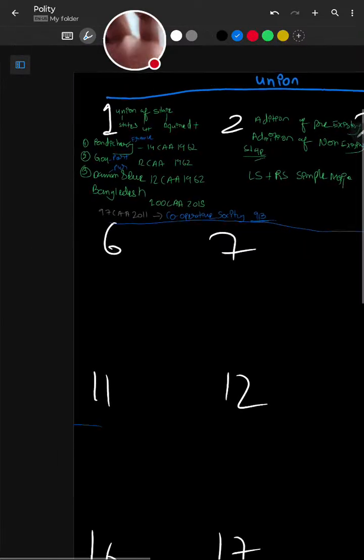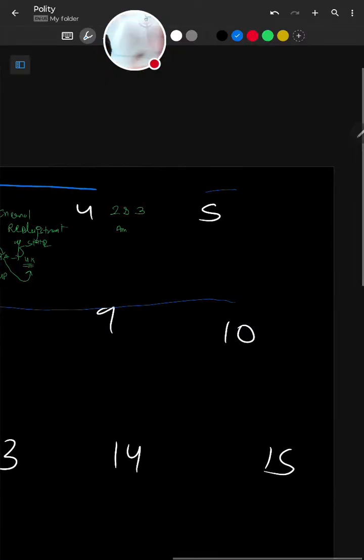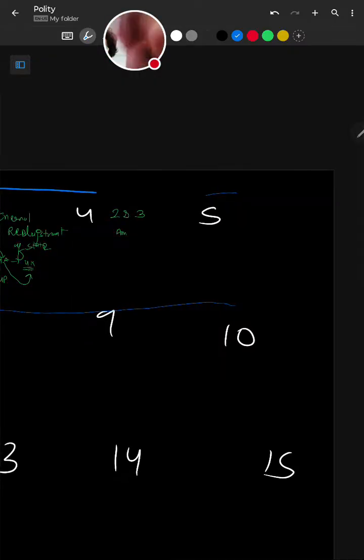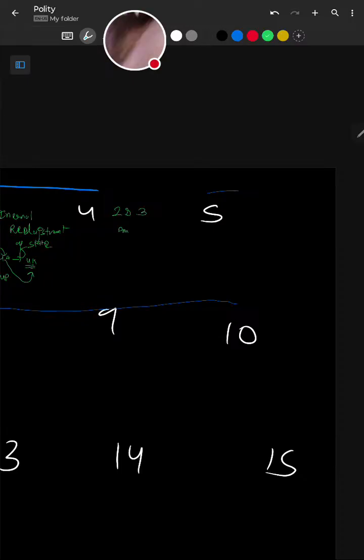Going on ahead, and I was doing the fifth one, right? Now the fifth one is citizenship. Here from the fifth, citizenship actually starts. It says that from 26th of January 1950, if anybody was here or born before this time, it is talking about at independence, anybody who was born before this time in India would be considered a citizen of India.